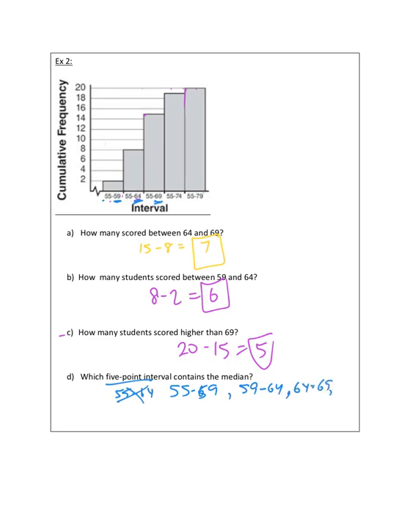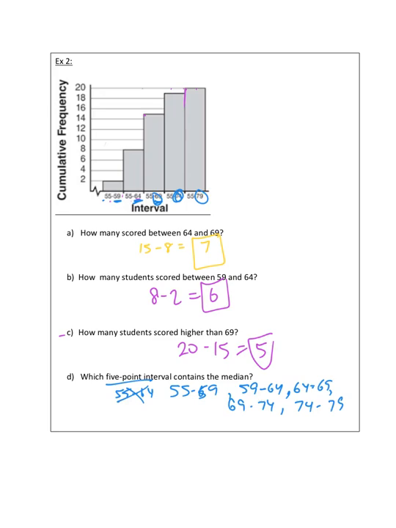These represent 5 numbers at a time, 5-point interval, or 69 to 74, or 74 to 79. It's the 5 scores that each new bar adds on. So one of those 5-point intervals, which 5-point interval contains the median?